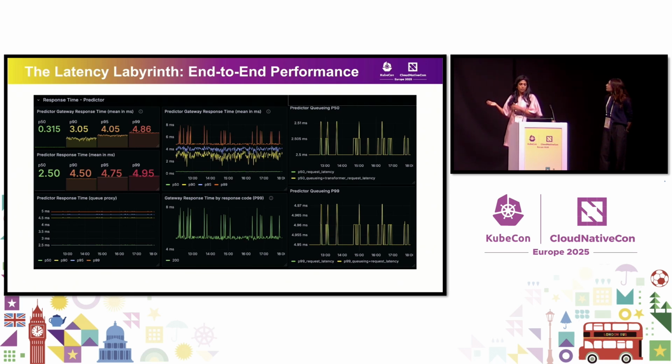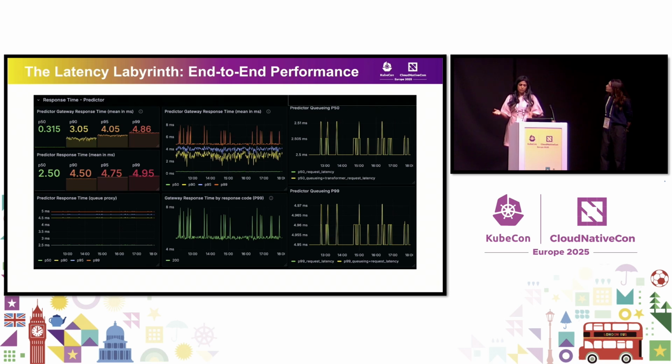Looking at the middle and right panel, queuing delays show some spiky behavior. This suggests that there's some intermittent queuing pressure, likely due to bursty load patterns or even uneven request batching. While these spikes do not appear to degrade overall performance significantly, our tail latencies remain within acceptable limits.